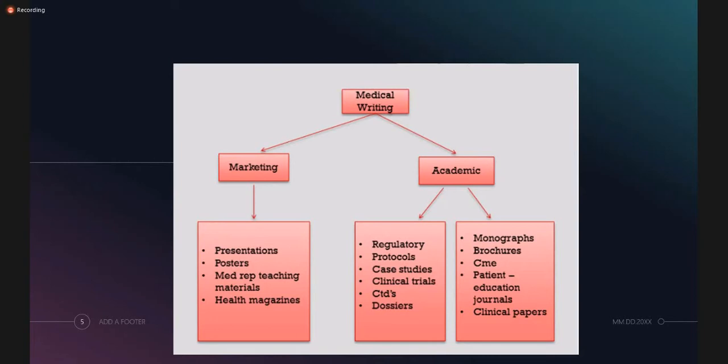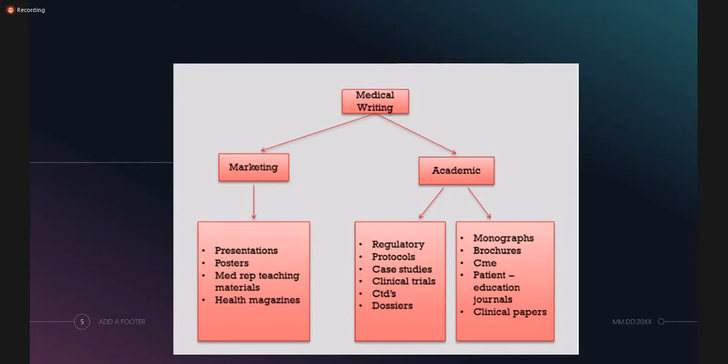So if you are making presentations, posters, or any teaching material which the medical representative uses in the clinics to educate or enlighten the doctors, all those materials are called medical writing for marketing purposes.